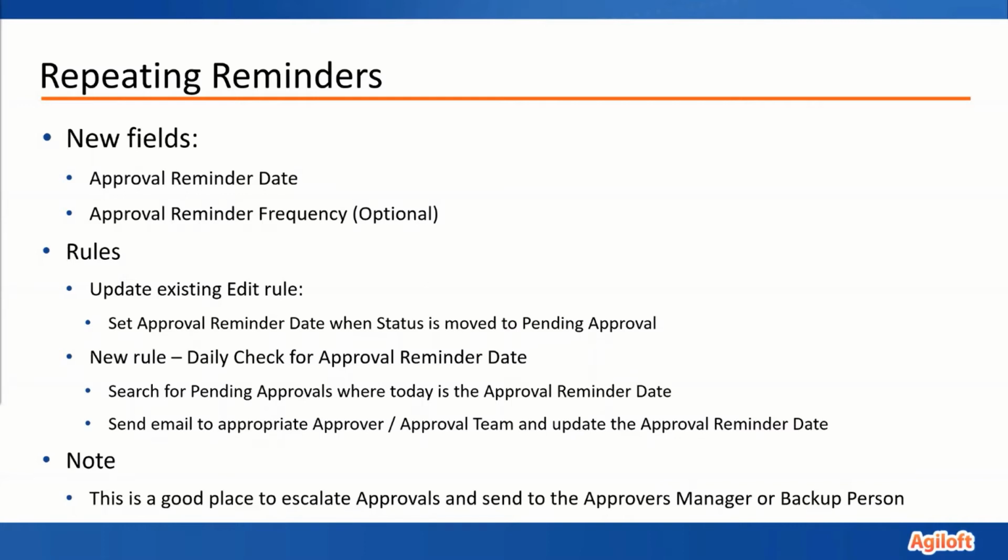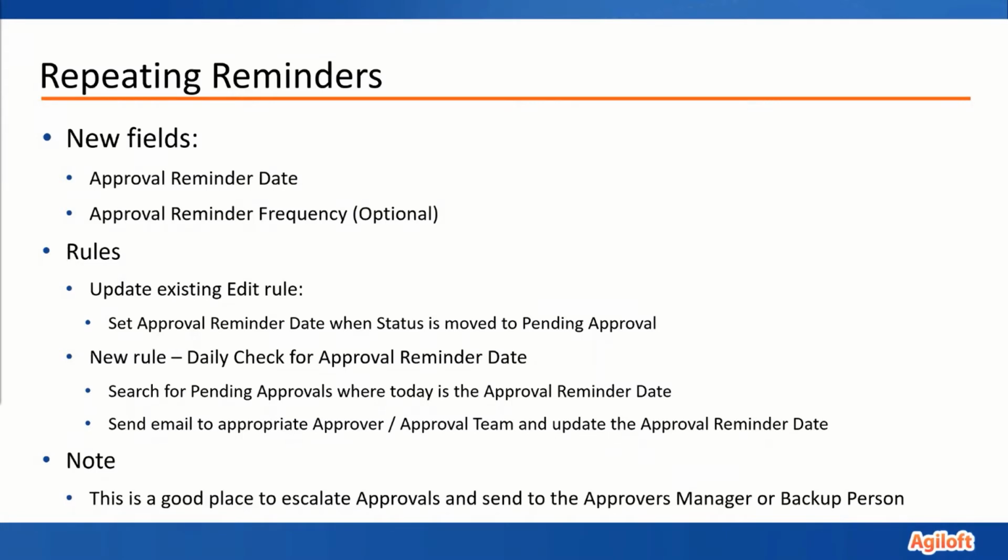We are going to update the existing edit rule in the approvals table. When the status moves to pending approval, an update action will set the approval reminder date to today plus 2 business days. If you would like the reminder to send out more or less frequently, then of course increase or decrease that number too.